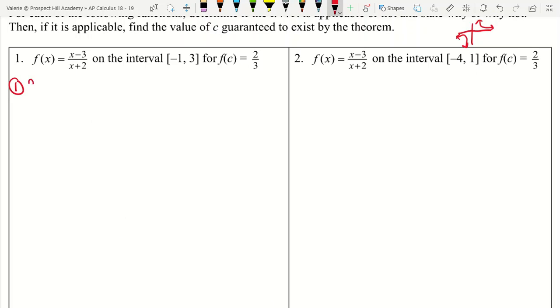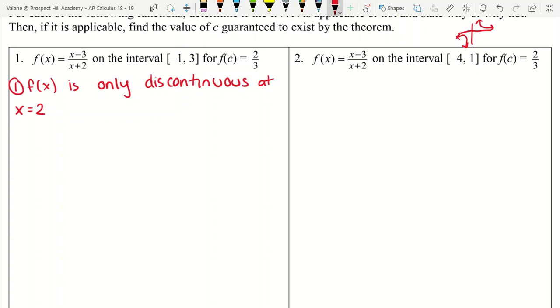So f of x is only discontinuous at x equals -2. Right? If you plug into the denominator, you'll get 0, so you'll have that vertical asymptote.